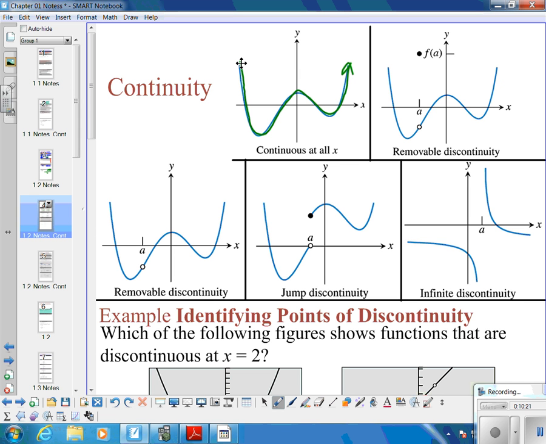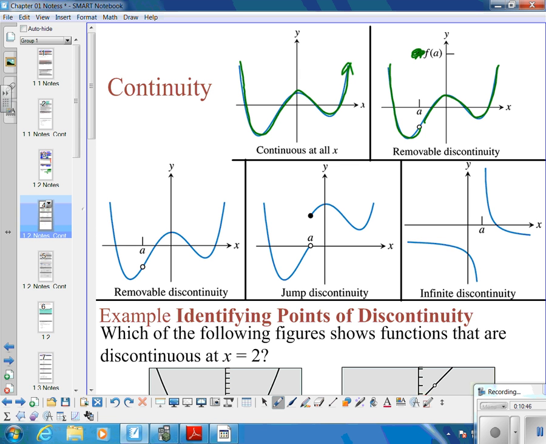There's 3 different types of discontinuity that I want you to know about: removable, jump, and infinite. There's 2 types of removable. In the upper right here, there's the removable where there's basically a dot missing. You have to pick up your pencil, and it's placed somewhere else. It's placed up above, and then you basically continue the graph almost like you didn't have to pick up your pencil.